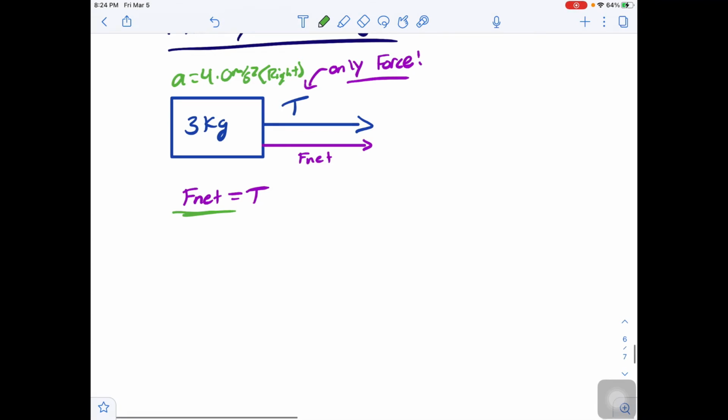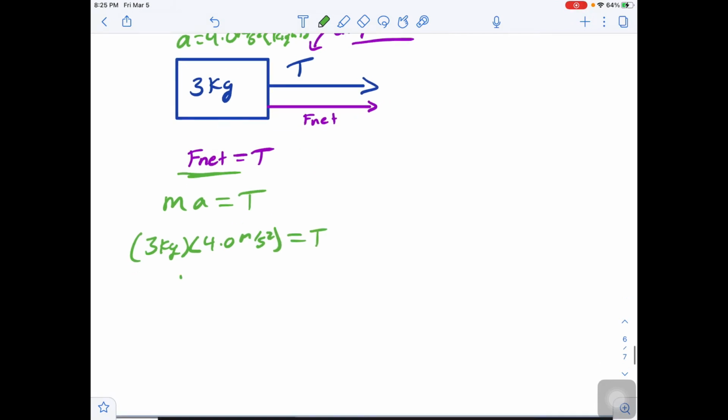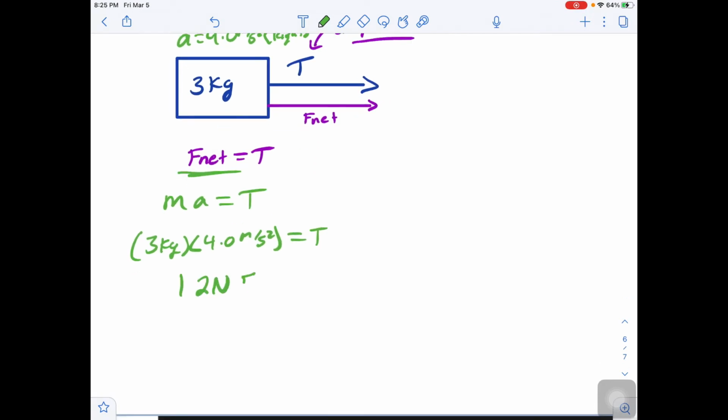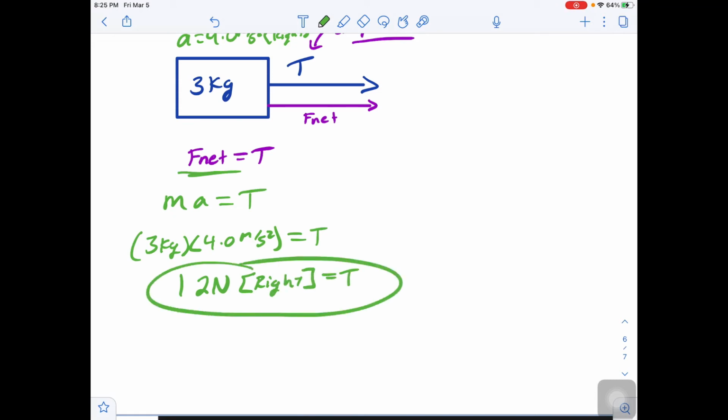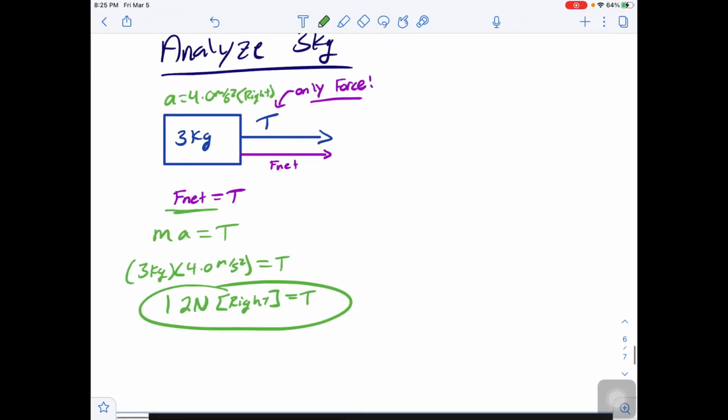To figure out tension, we're going to do mass times acceleration, and this is the mass of my 3 kilograms times the acceleration of the 3 kilograms. So this will be 3 kilograms times 4.0 meters per second squared, and that's my tension. So this is just 12 newtons to the right.